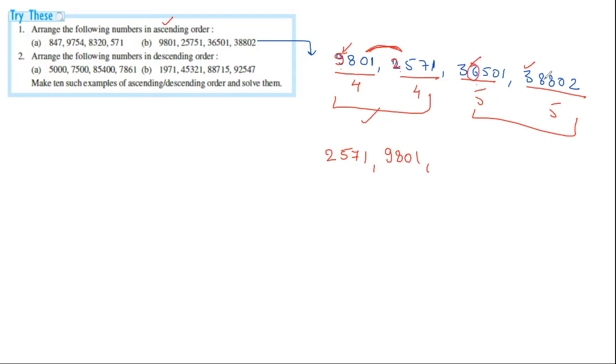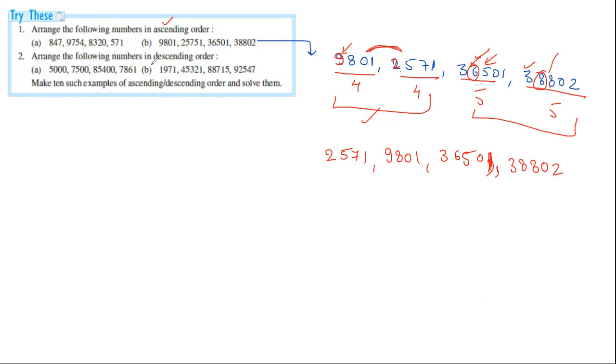So I'll check the next available number, which is 6 or 8. Which one will I write first? This one, because I need to write it in increasing order, right? So out of this, if I check, this will come first, then this one. Okay. So, sorry, 3880. This was about the increasing order.